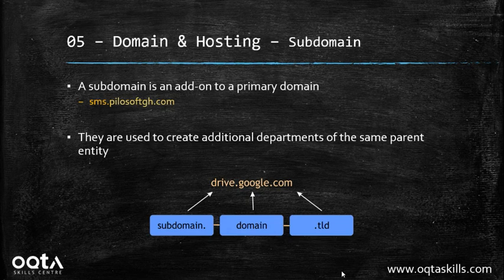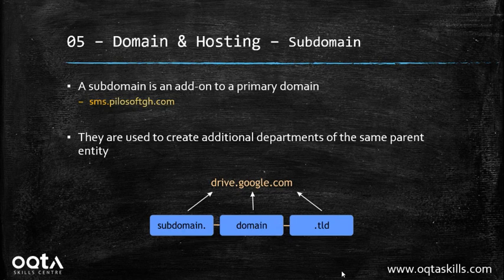Google also has other services which they offer, like their mail system, which we refer to as Gmail. You can access it via mail.google.com. They also have their cloud storage, which you can access via drive.google.com. So basically, that is the purpose of a subdomain. You have a company and then you have a sub branch.